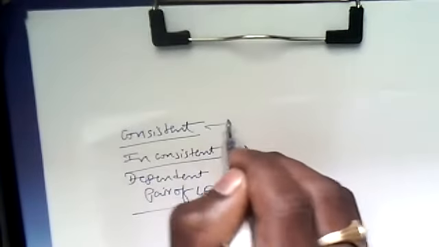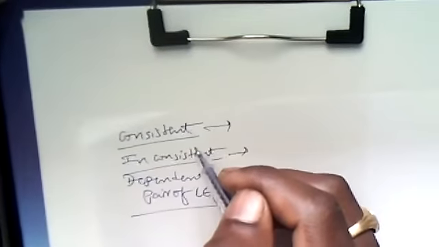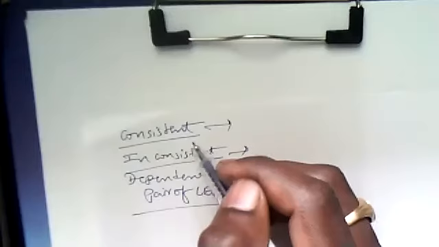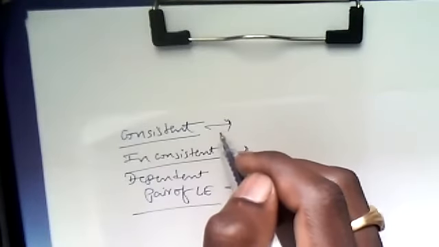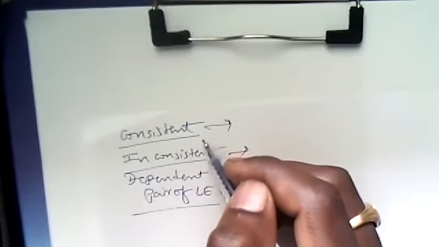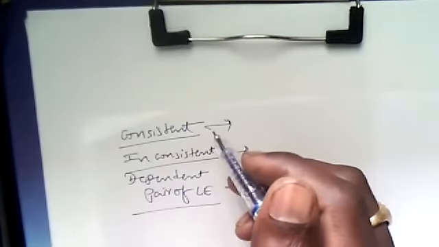What is the condition when two lines are consistent? Very simple. By knowing the condition, we can easily conclude.